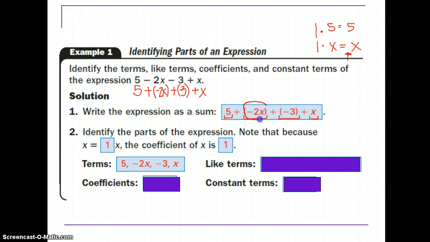Well, here's an x, so negative 2x and x are like terms. But you also have like terms when you talk about 5 and negative 3. What's their variable part? Well, there is none. So they are like terms because they have no variable part.